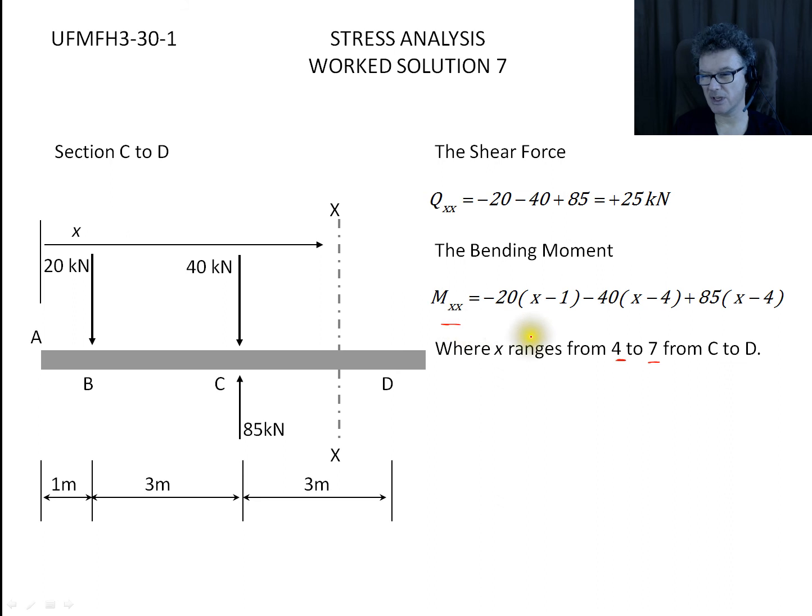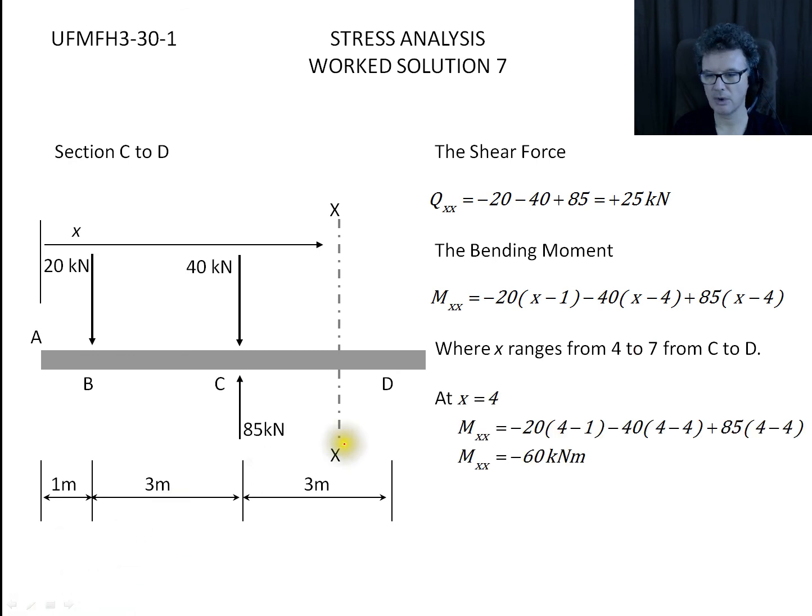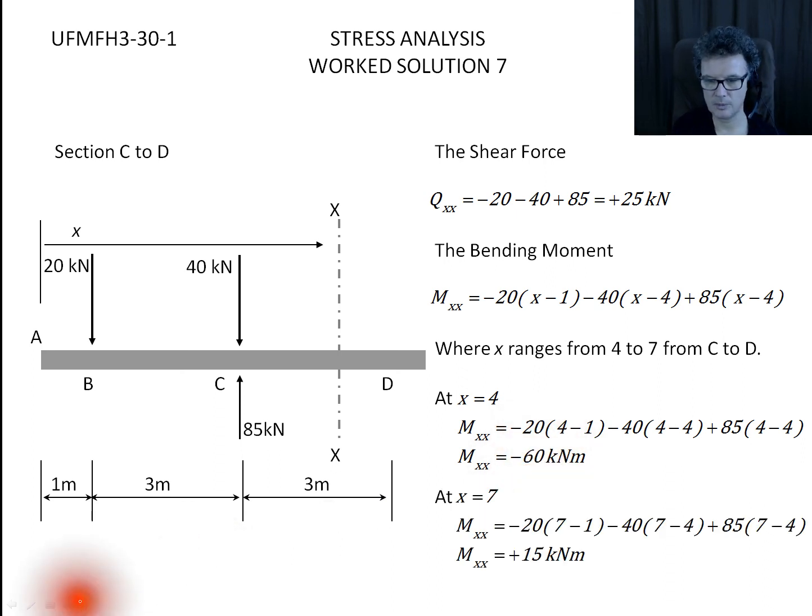You might notice that we only really need the last value, because from our previous section we would have known what M equals up to this point, and it's a continuous line. So when I substitute in x equals 4, I get minus 60 as I previously found. Always useful, I suppose, as a check. And then when I am at x equals 7, I get M equals 15.